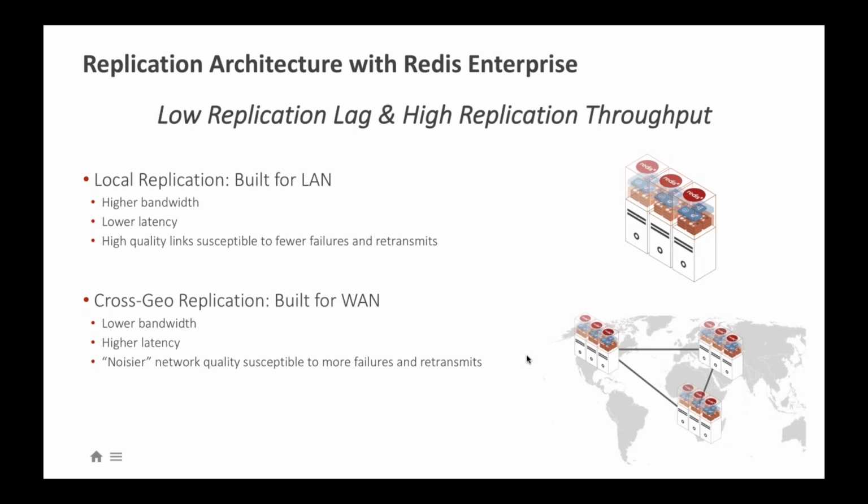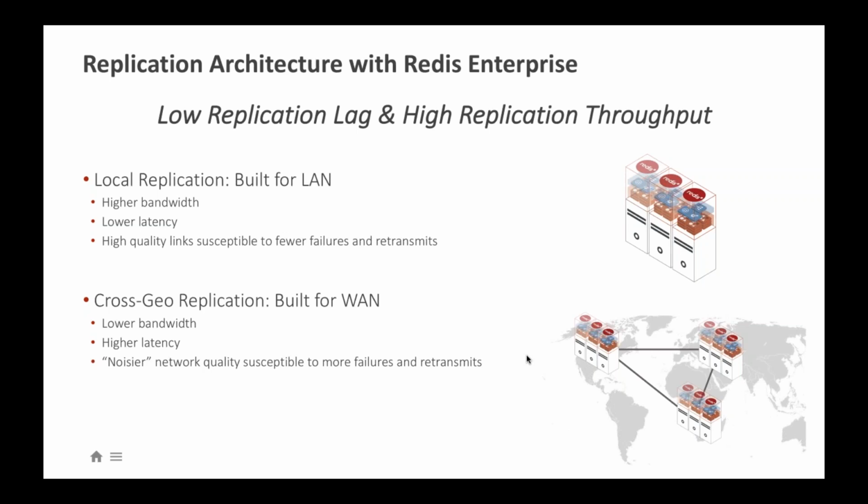Now, within that cluster, our assumption is that we're less than a millisecond away between these nodes. The local replication assumes very high bandwidth and low latencies, and we tune our local replication between these nodes for protection against various failures to aggressively replicate all the data immediately to slave nodes, so slave shards that you have in the system.